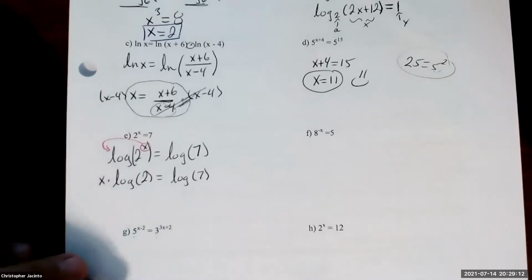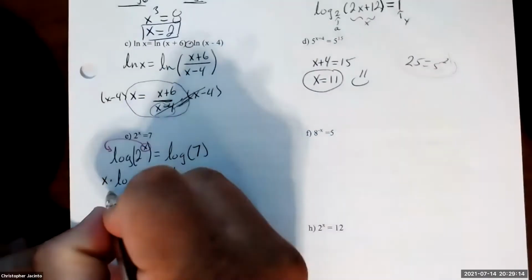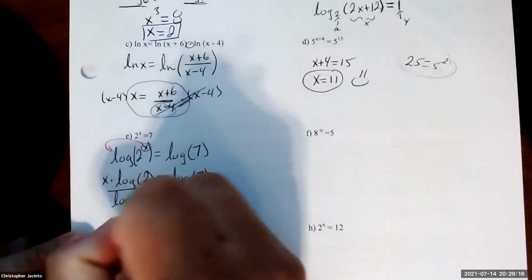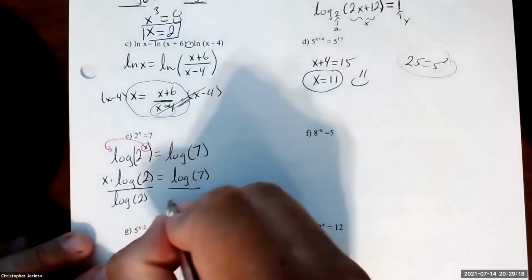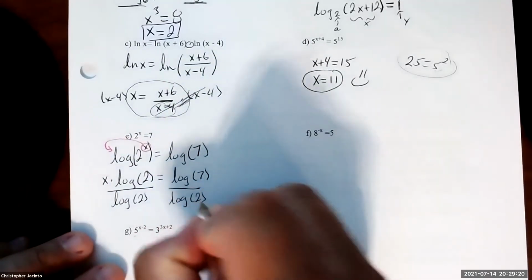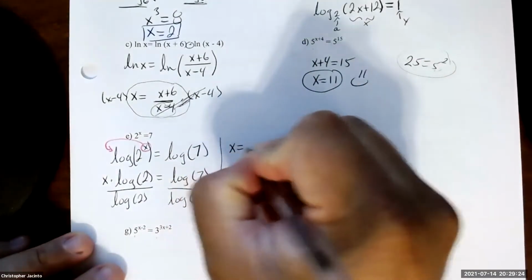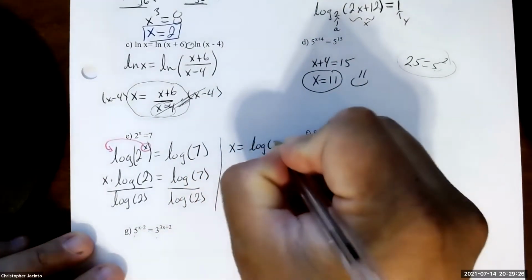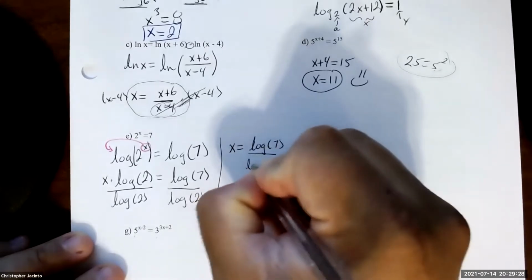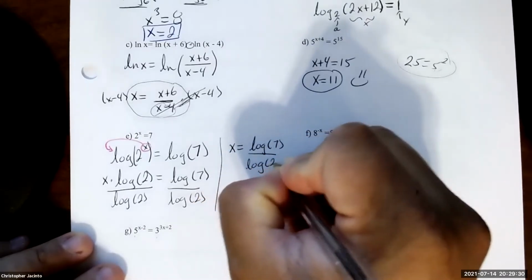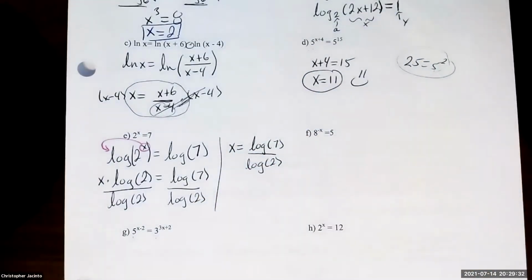And now remember, we want to solve for x. So we're just going to divide by log 2, log 2. And believe it or not, this is actually your answer. So in the back of the book, when you see your homework, that's exactly how the answer is going to look.